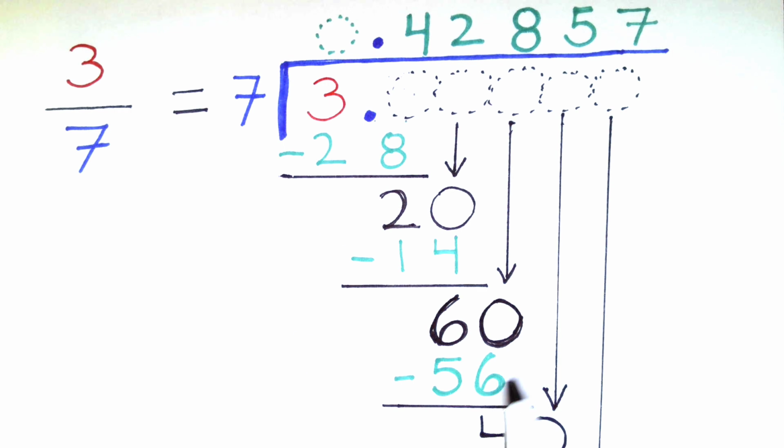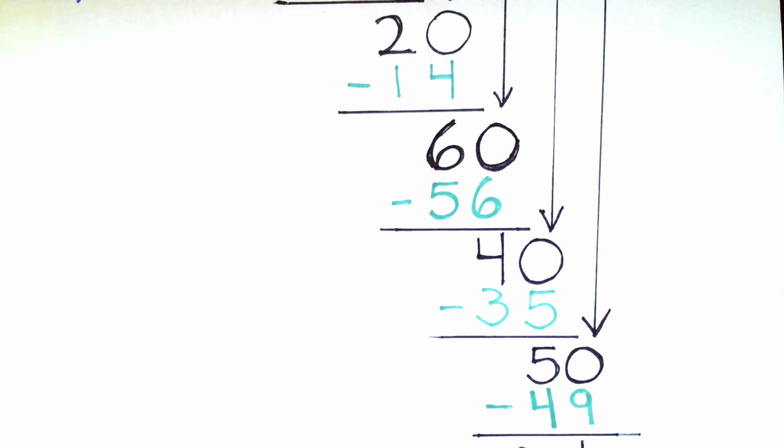7 times 8 is 56. So I'm going to subtract 56 from 60, and I get 4. Bring down the 0, and now 40 is your new target. 7 times what number gets me closest to 40? 7 times 5 is 35. I'll subtract 35 from my target of 40. That leaves me a 5. Bring down your other 0.